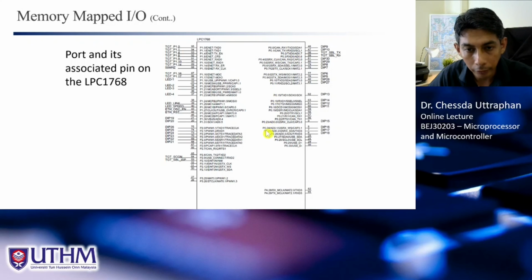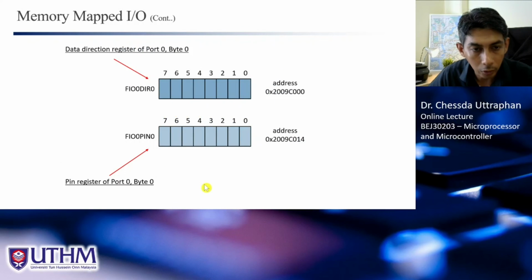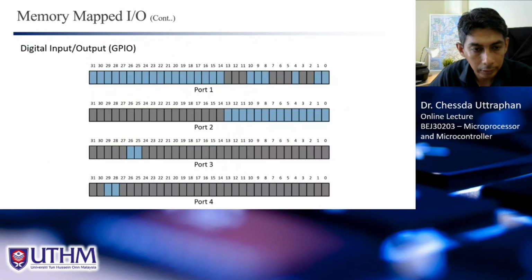When we look here, we only have P3 for two pins, 25 and 26, so port 3 is connected to bits 25 and 26 only.